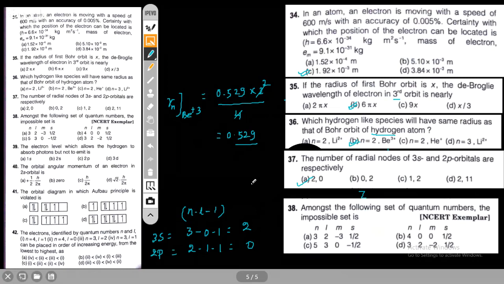All of you are getting A. Why is A impossible?